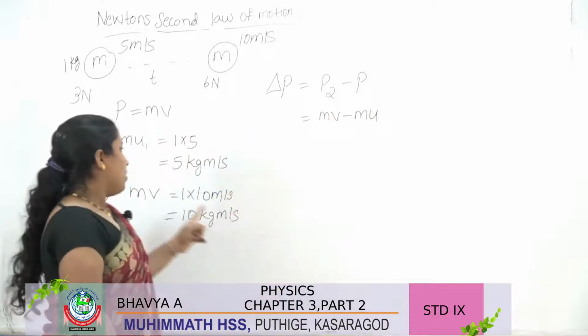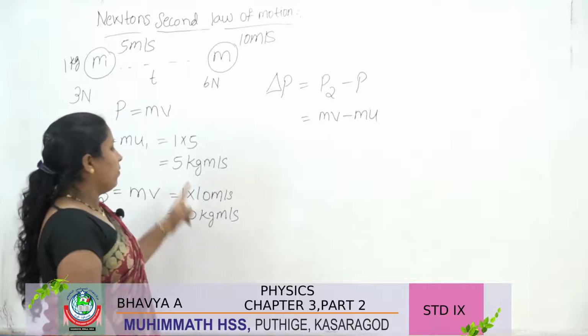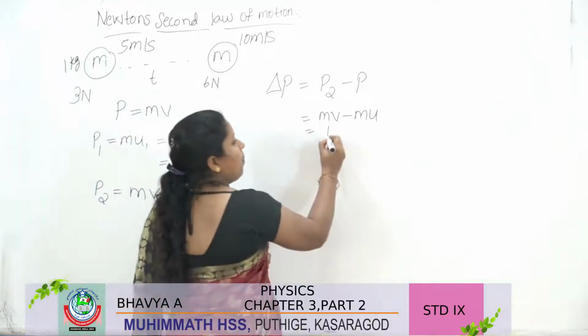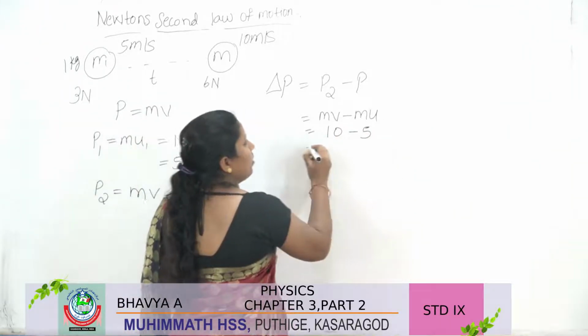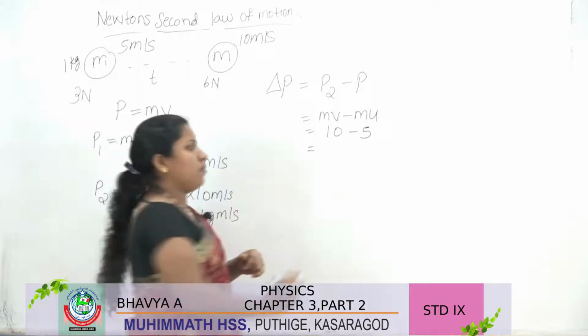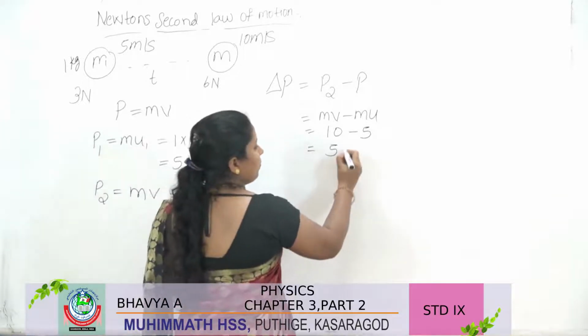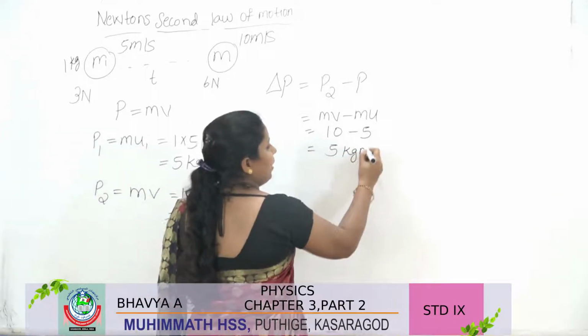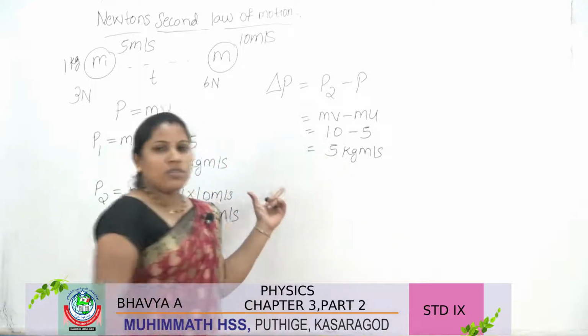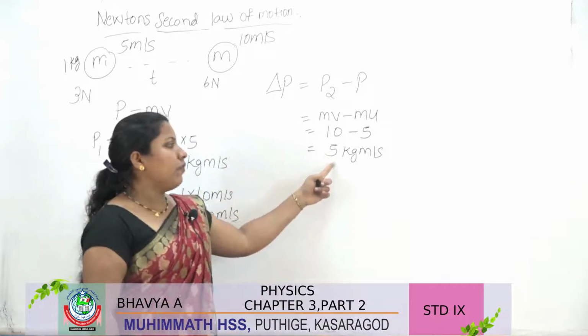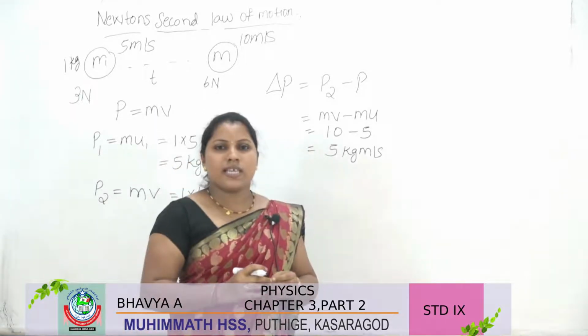So mv is 10, minus 5. The change of momentum is 5 kg meter per second.